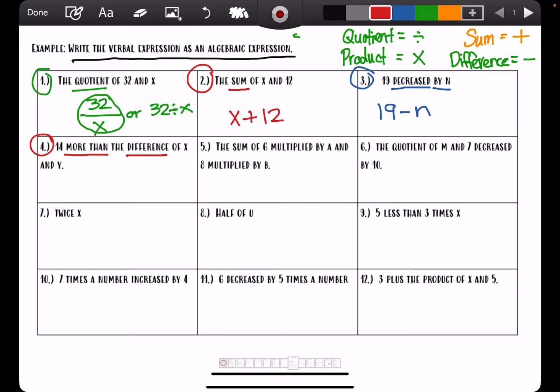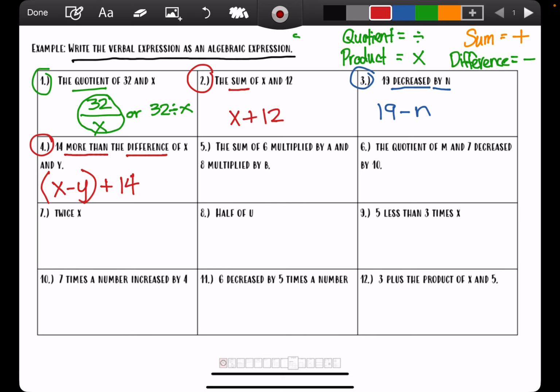Difference means subtraction, so the difference of x and y is x minus y. Let's put that in parentheses. Once I find that difference, 14 more than that is just adding 14 to that result.